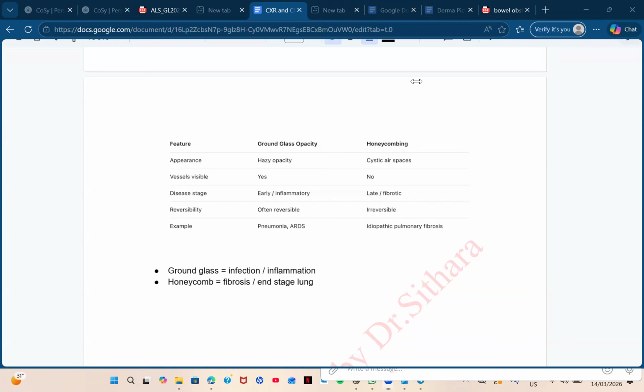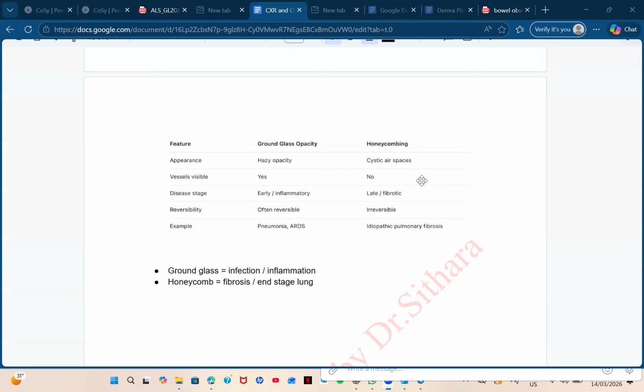Yes, good. Usually pneumonia, then pulmonary edema, acute respiratory distress syndrome, and hypersensitivity pneumonitis in the acute stage. Hypersensitivity pneumonitis is due to exposure to some triggers, some antigens, so in that case we also see a ground glass pattern because it is an acute situation.